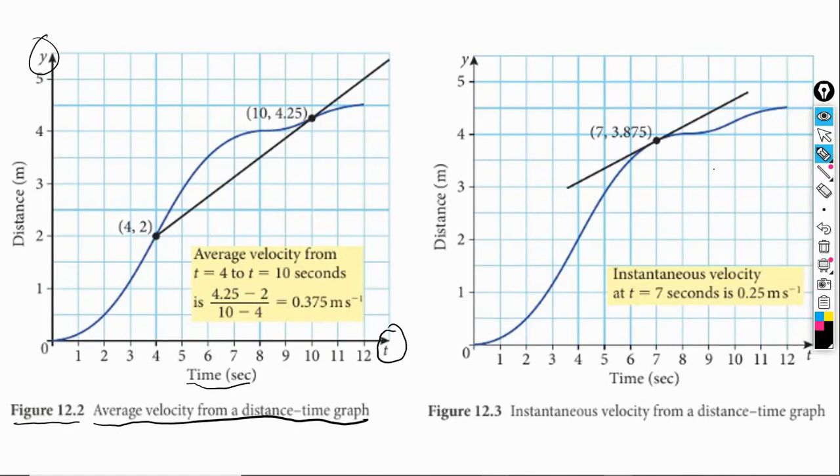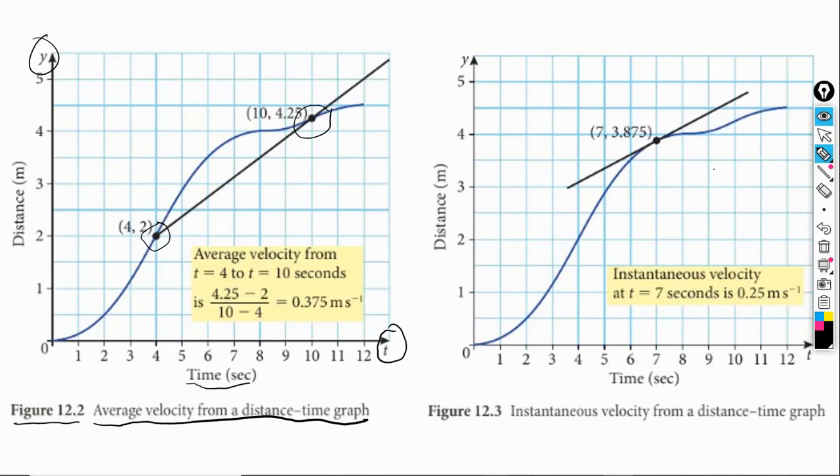So if you are asked to find an average velocity of that particle within a time frame, it's a pretty simple operation. How so? Well, at 4 seconds, we can see that the distance was 2, and then at 10 seconds, the distance was 4.25 meters.